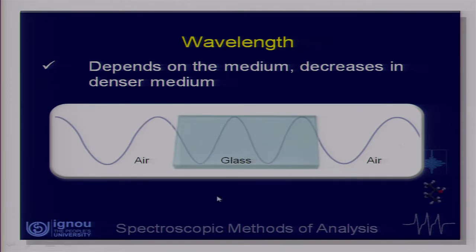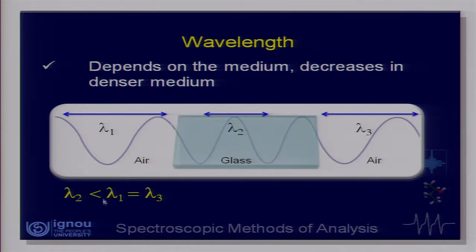In the rarer medium of air, this is the wavelength, say lambda 1. When it passes through the glass, the wavelength becomes just this much, because this shows the distance between two troughs, and when it comes back to air, the distance becomes larger again. So lambda 2, the wavelength in the denser medium, is less than the wavelength in the rarer medium, which in both cases is air. So lambda 1 is equal to lambda 3.